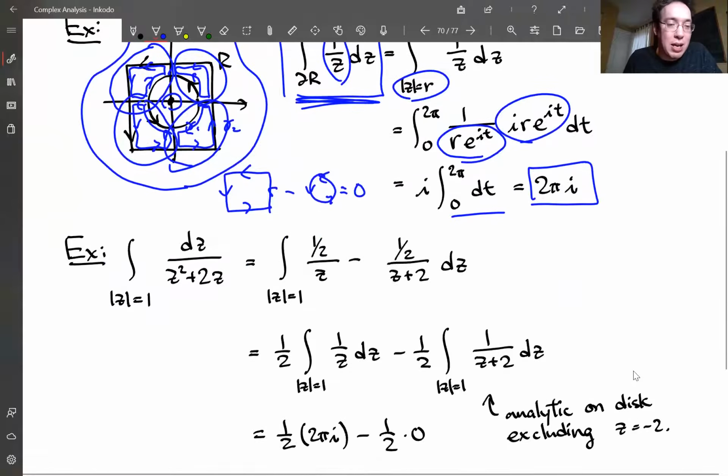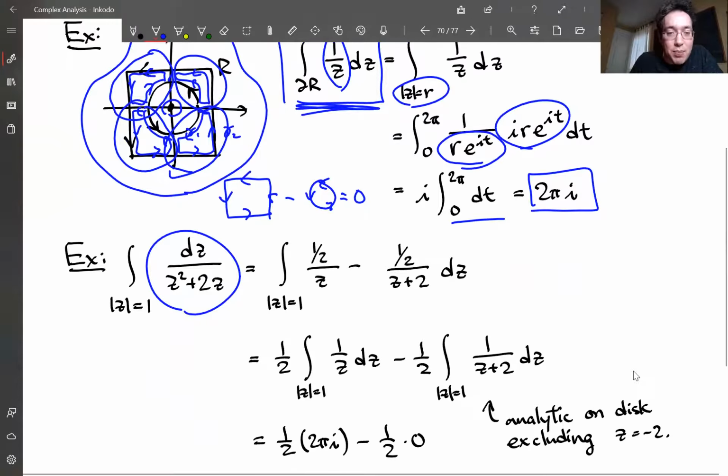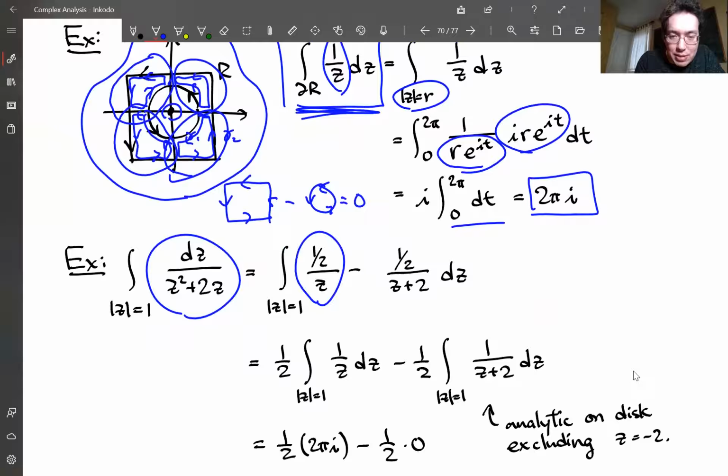Okay, another example. Let's say I have the integrand 1 over z squared plus 2z. If we do partial fractions, we can understand the function a little bit better. It's 1/2 over z minus 1/2 over z plus 2.